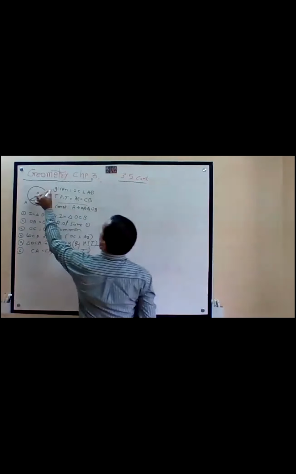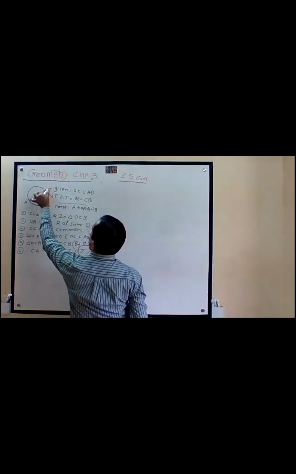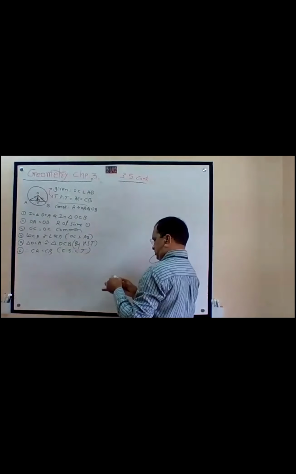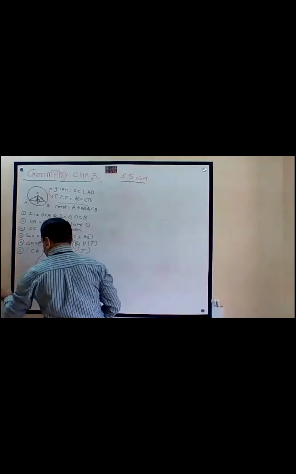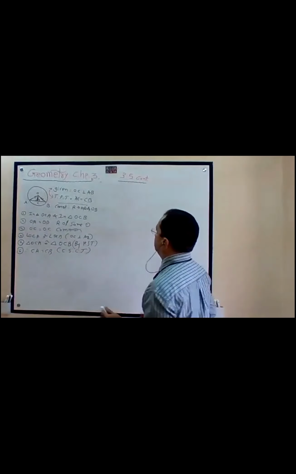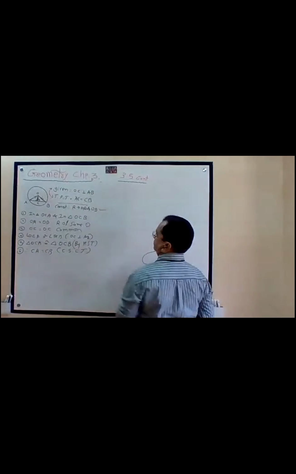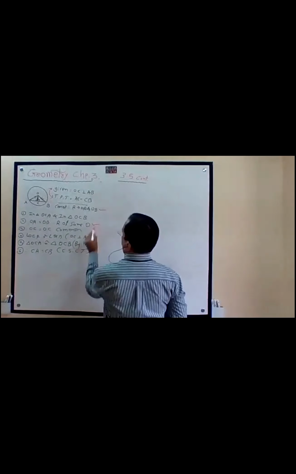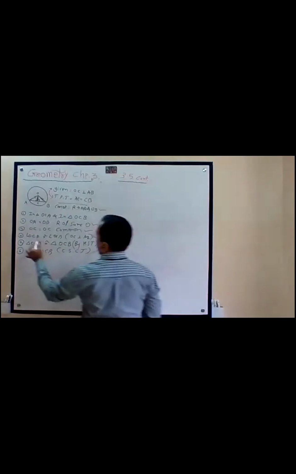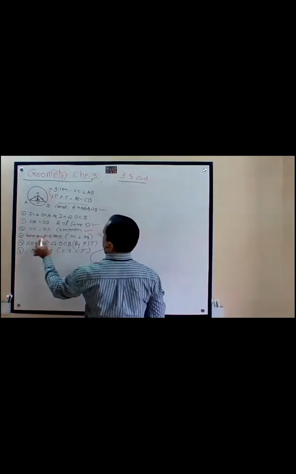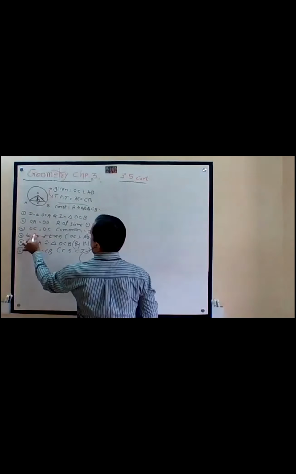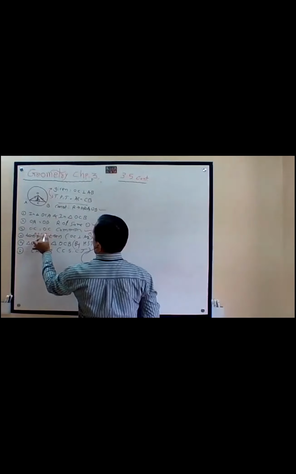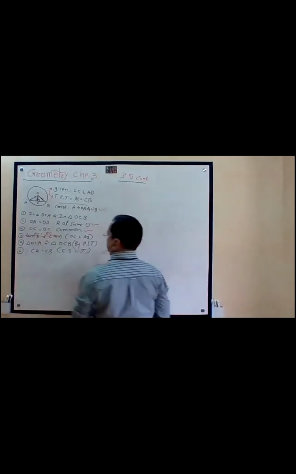Suppose this is given and this is to prove. Then the construction is the same. This you have to write the same, and instead of this, you will write AC is equal to BC.